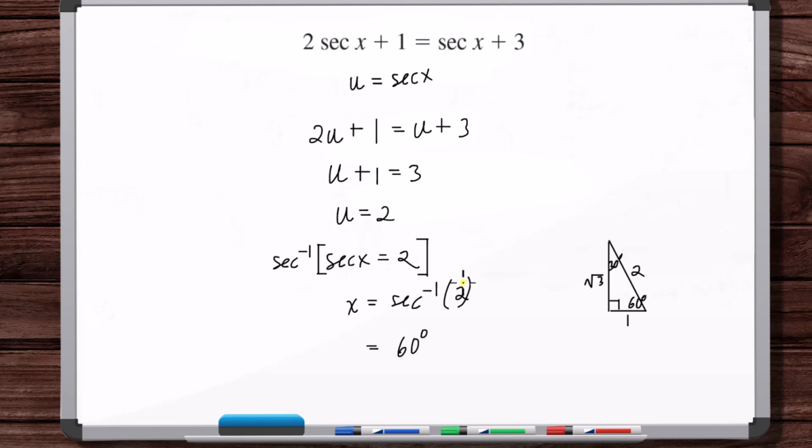Well, secant is positive in quadrants 1 and 4. Actually, the range of secant is 0 to 180, but it's still 60 degrees because it's positive. So there's another angle in quadrant 4 with reference angle 60 degrees that would satisfy this question.